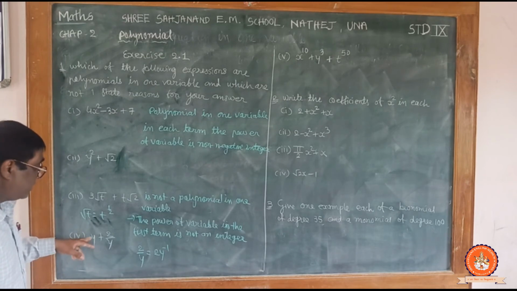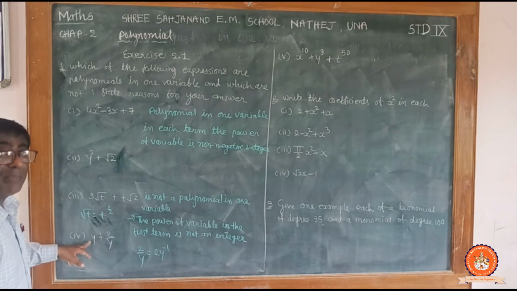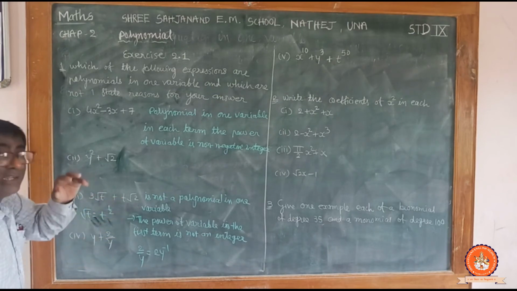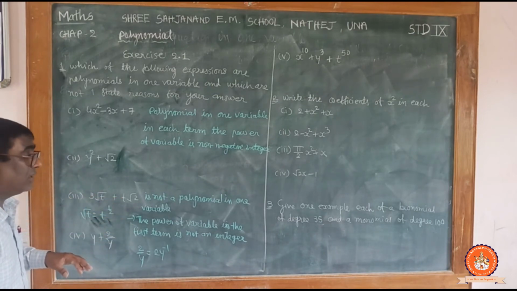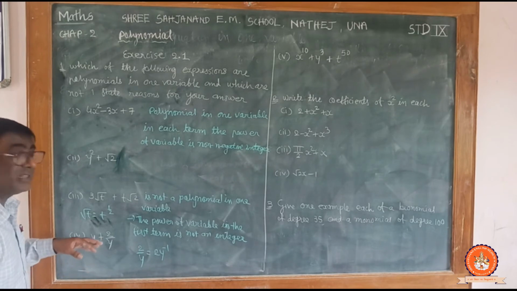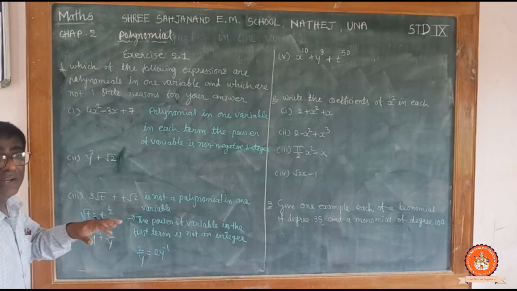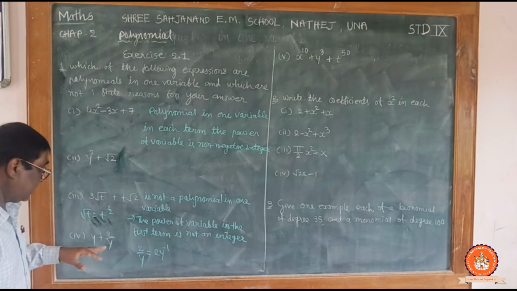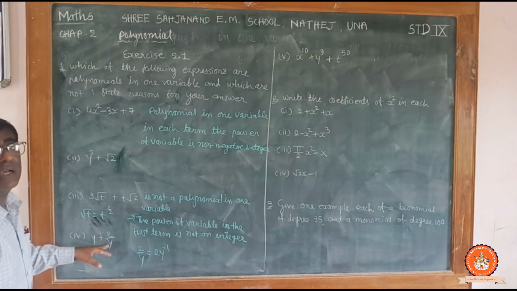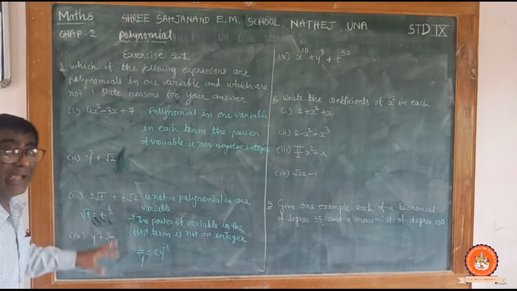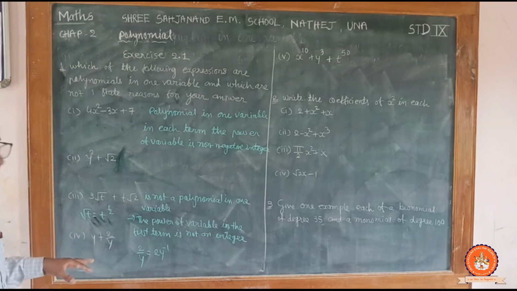So this one is not a polynomial in one variable, because the power of the variable in the second term is not a non-negative integer; rather it is negative.